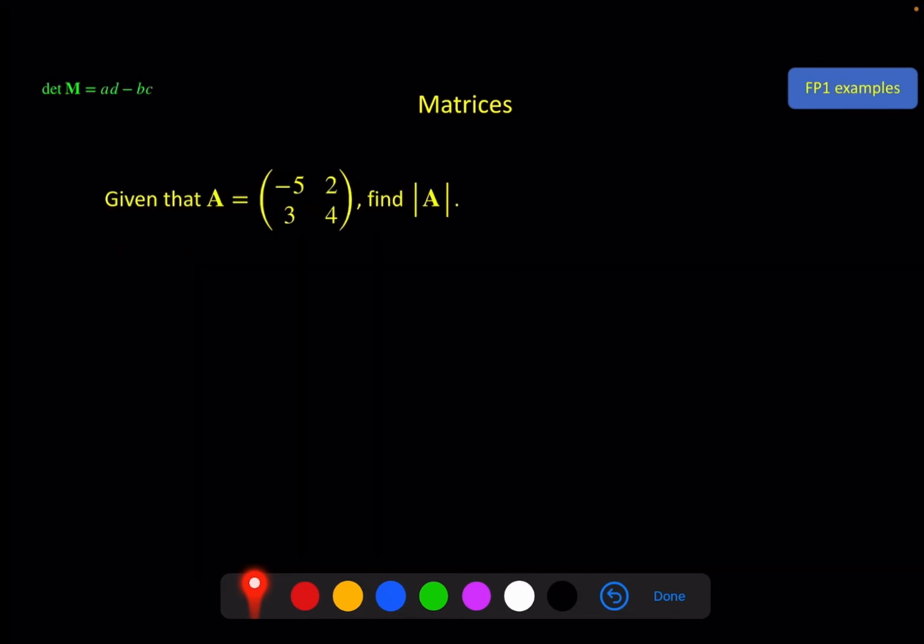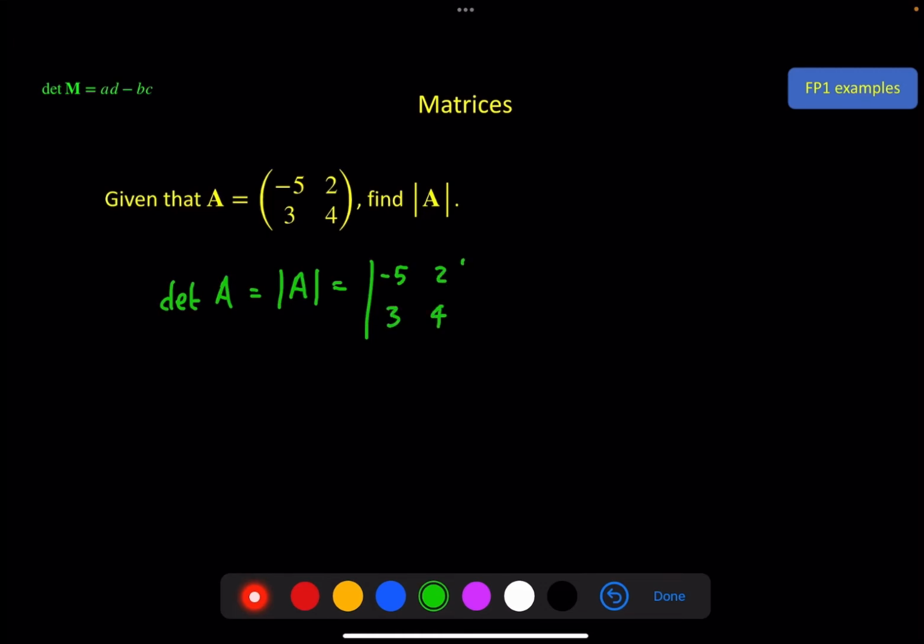A quick example here. Given that A is this 2 by 2 matrix, find, this is another way of writing it, the determinant of A. So for notation, let me write determinant of A, that's the same as this, and that is the same as putting the matrix elements in two big straight lines, like this.